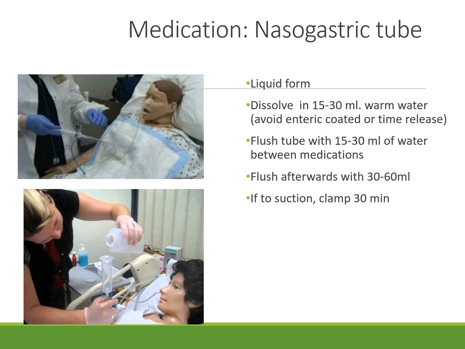So there are already prepared medications given through NGT, or they have the so-called liquid form, or sometimes the doctor suggests that you have to dissolve a certain tablet or medication in 15 to 30 ml of warm water and administer that through the tube. No? So the steps for administration of nasogastric tube medication will be further discussed during your skills laboratory when it comes to care of the patient with nasogastric tube.